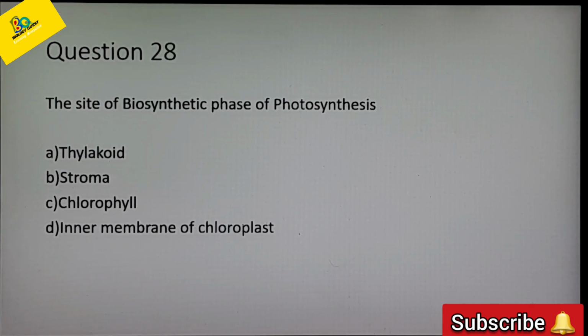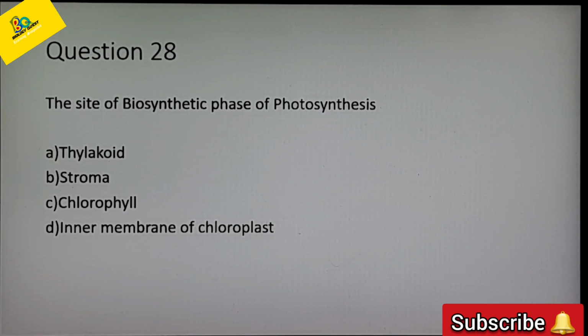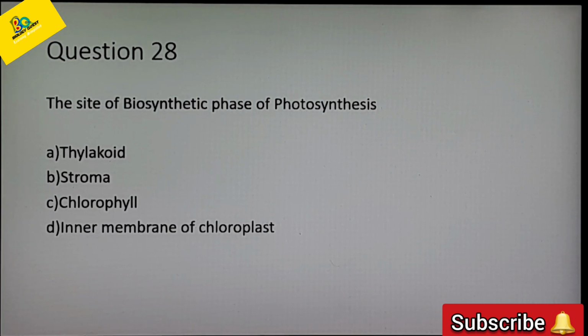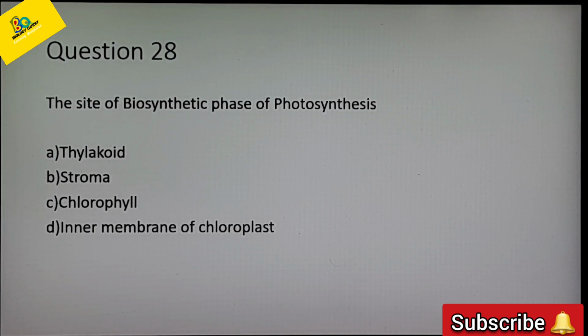Next question. The site of biosynthetic phase of photosynthesis. What is meant by biosynthetic phase? It is the light independent phase, or the dark reaction, otherwise called the biosynthetic phase of photosynthesis. Which is the site of this phase? Options are thylakoid, stroma, chlorophyll, inner membrane of chloroplast.